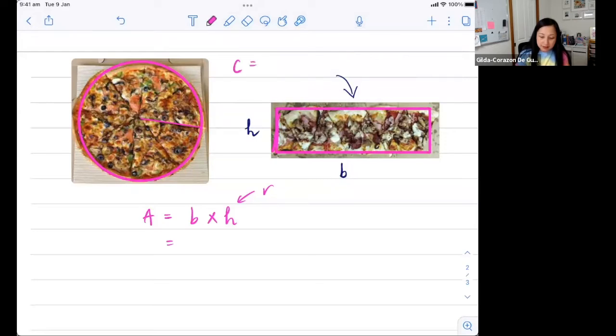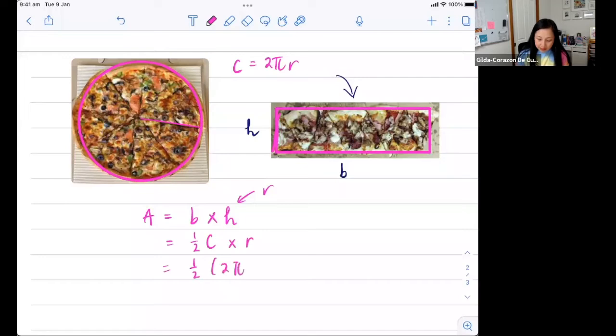And we know the circumference to be equal to 2 pi r, right? But when we multiply base and height, we just want to multiply by this, which is really half of the circumference, right? So if we write that down, that's 1/2 of the circumference times the r, which is the radius.